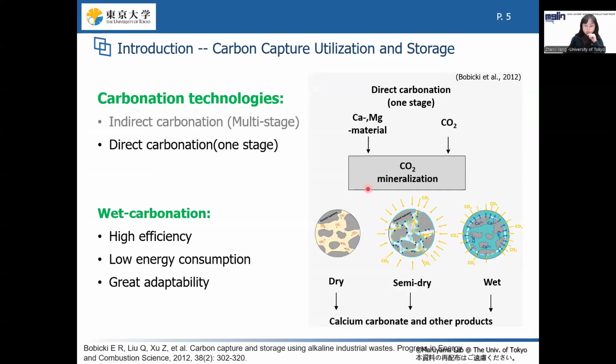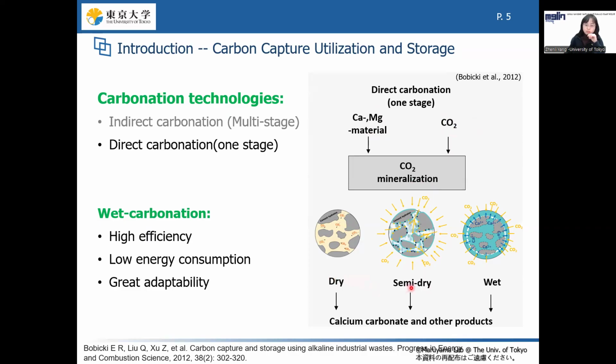Here comes the carbonation technology: indirect carbonation and direct carbonation. Direct carbonation is more applied in the construction industry. It carbonates cementitious materials with carbon dioxide under dry, semi-dry, and wet conditions. Dry means no humidity or water involved in the whole carbonation process.